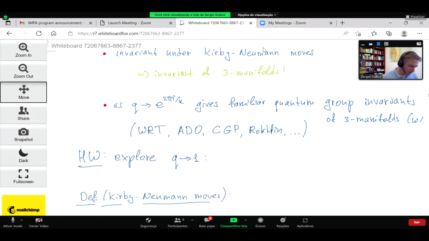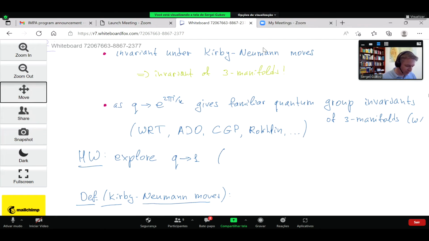So what you will get is a very simple 3-manifold invariant. It's still non-trivial and interesting, but just like q equals 1 is the simplest root of unity, it will be nicer and simpler than many of the other ones I mentioned.